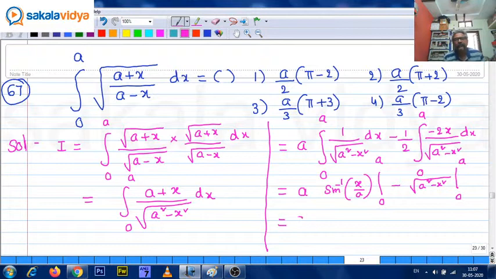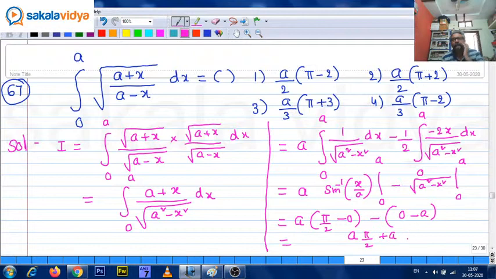So a times sine inverse a by a, sine inverse 1 is pi by 2, sine inverse 0 is 0, minus of, first substitute x for a square minus a square, 0, minus root of a square is a. This will be a pi by 2 plus a.